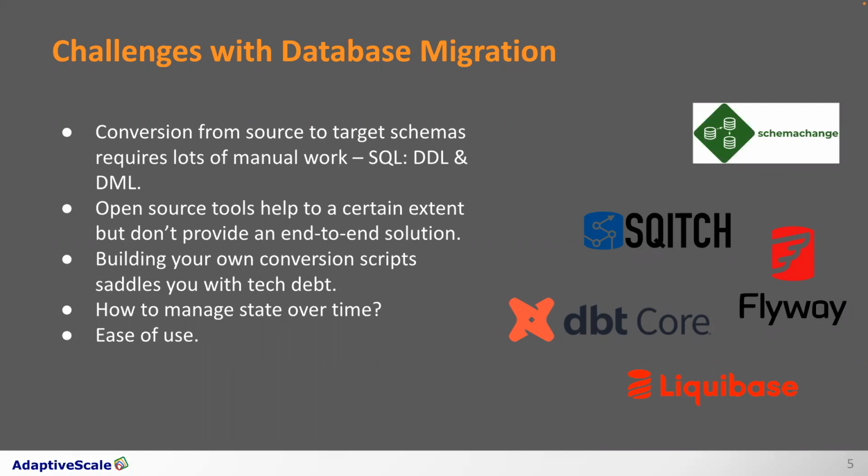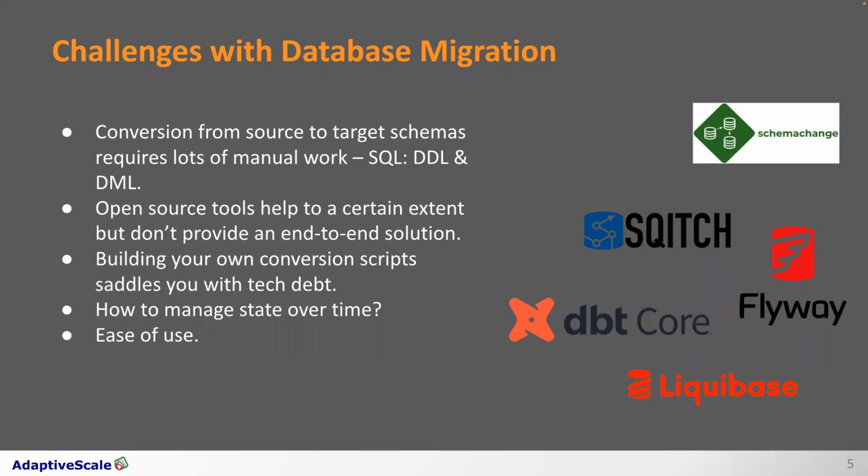So what are the main challenges with database migration? Usually data engineers end up doing lots of manual work by converting DDL and DML scripts and writing a lot of SQLs to convert from one source to a target cloud database, for instance.